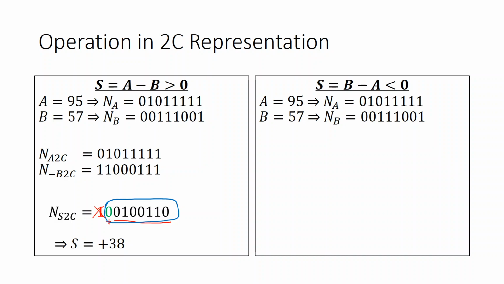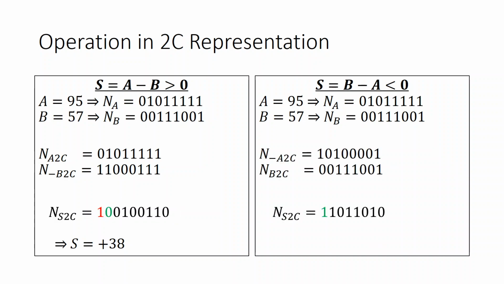So here B is positive, so we don't need to change B. The 2's complement representation of B, as you can see, remains the same. But we have to find out the 2's complement representation of minus 95. So we perform the 2's complement on this number, which is the 2's complement representation of plus 95.